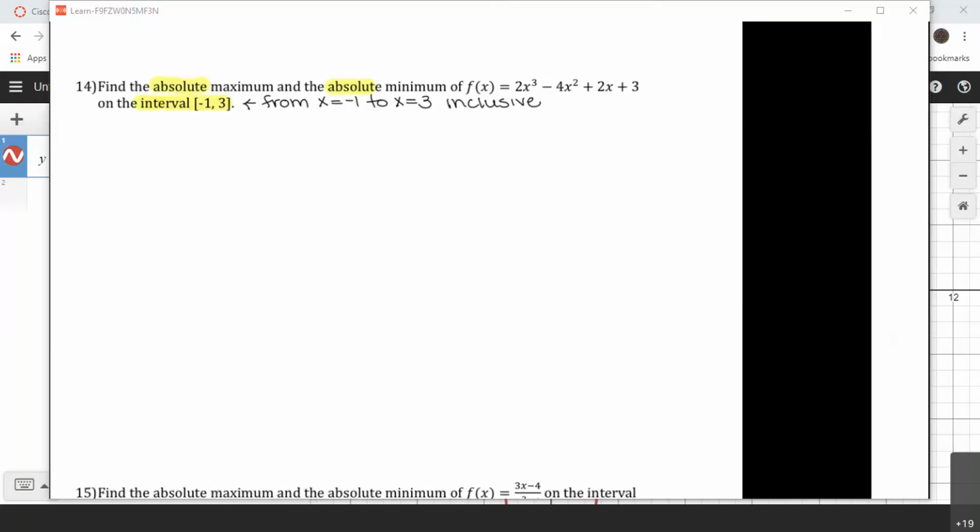Well, let's draw the function. It is a cubic function, and it has a positive leading coefficient. So aside from how stretched out it looks, it's going to look something like this. Absolute means, if I leave out the interval, it means over the whole domain of the function.